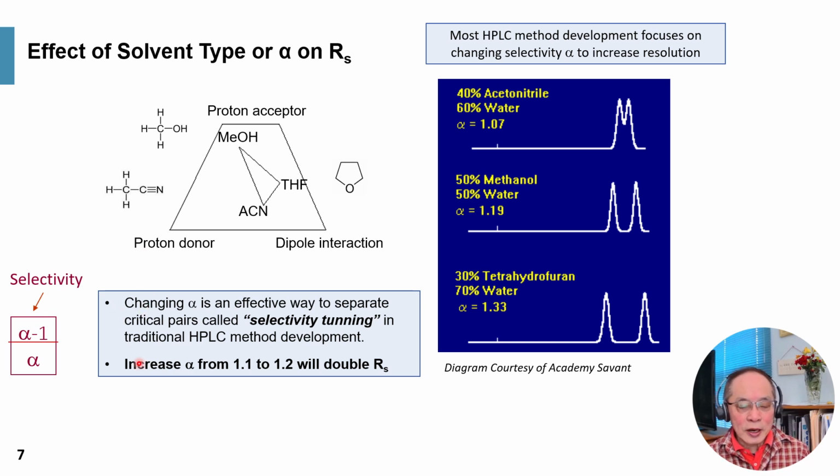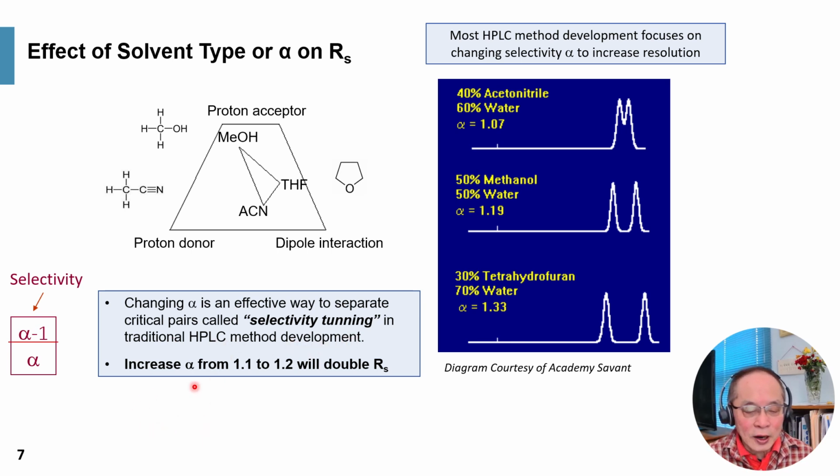Please note that changing alpha is one of the most effective ways to separate a critical pair in a process called selectivity tuning, which is fundamental to the traditional HPLC method development approach.